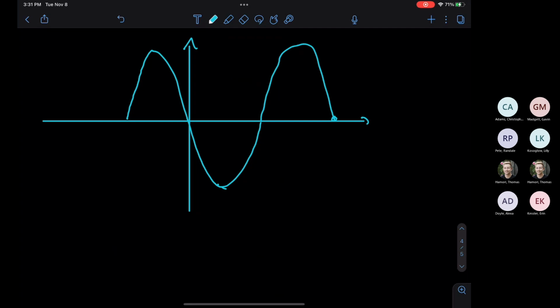Okay, that's the best I can do. So the other important things are that this height here is 3, right? This height is 3. And how far does it take us to go here? This is the x value pi over 2, and this is the x value pi. Okay, is this what yours looks like?